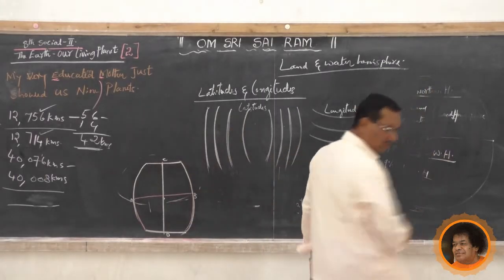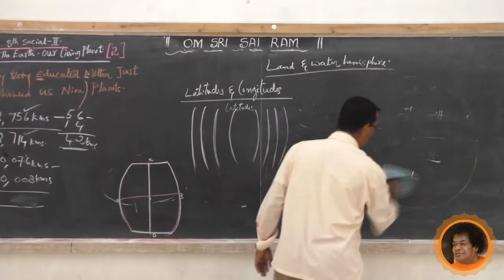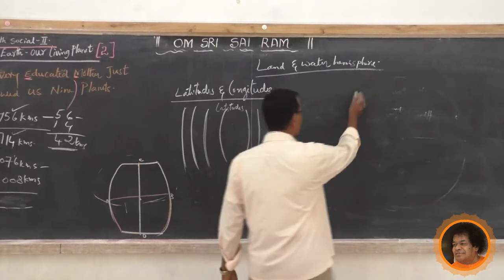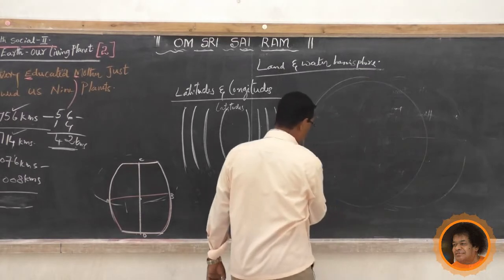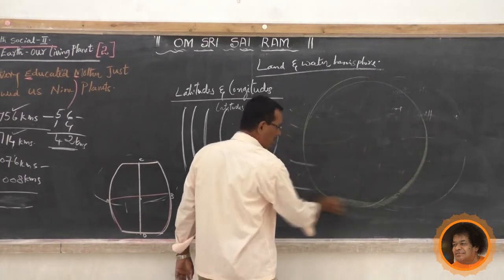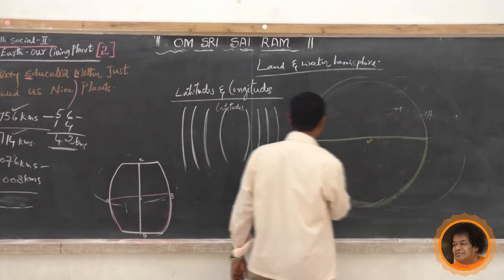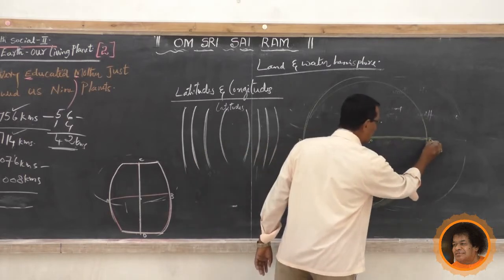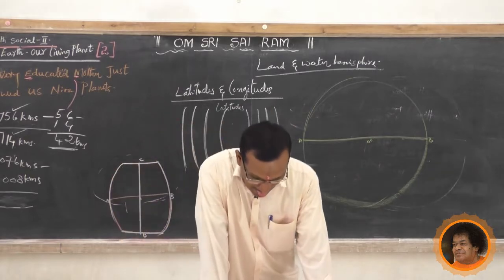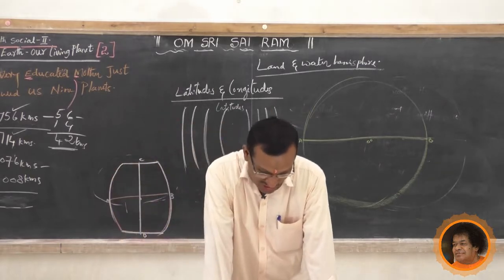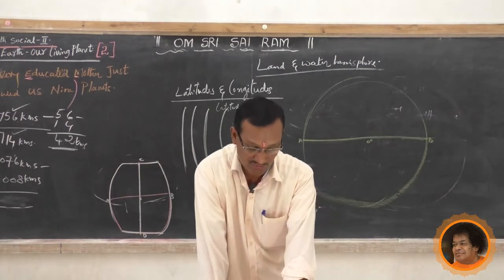On a globe, we can draw the latitudes. This is the equator, identified as 0 degree. This is the longest line of latitude. On a globe, the horizontal lines are lines of latitudes.